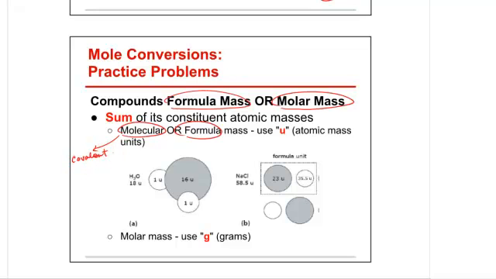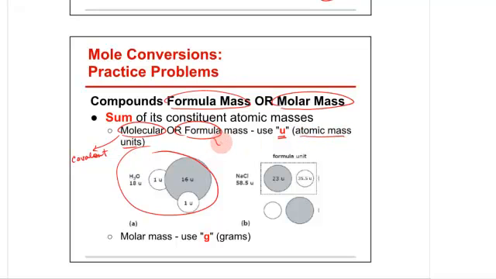And if it is covalent bonding, it is going to be a molecule at the end. For example, water is like this. So it is very tiny inside of its mass, extremely small. So we have to use the letter U for its unit, and that represents atomic mass units.